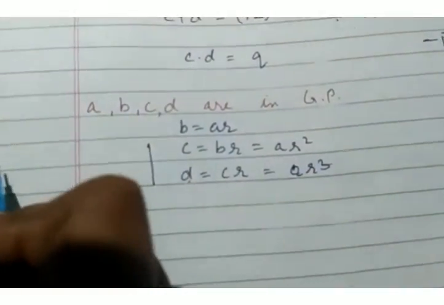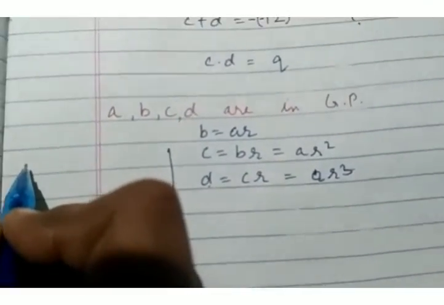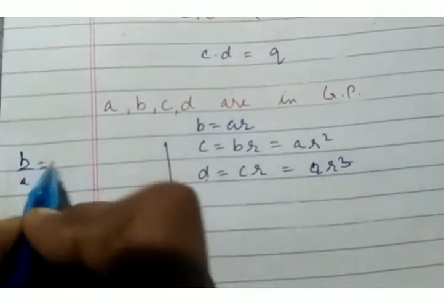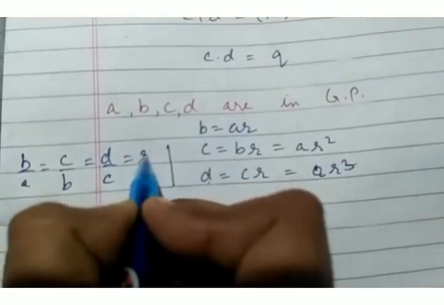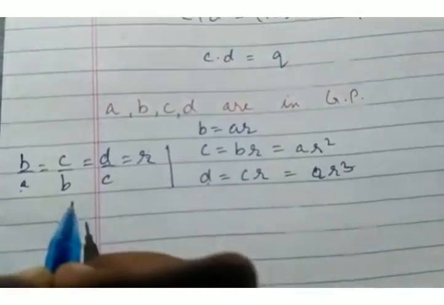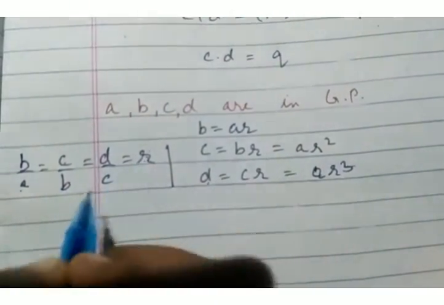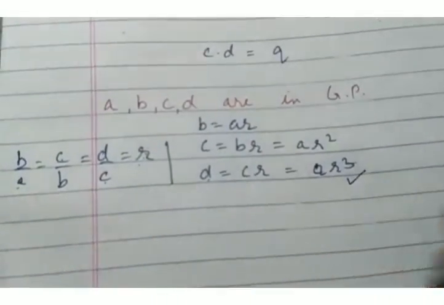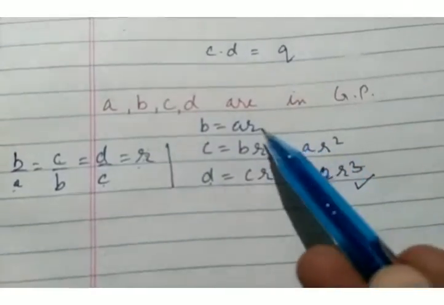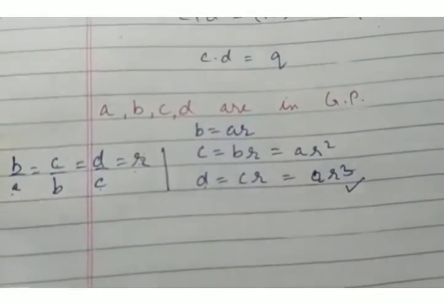You have to remember that if a, b, c, d are in GP, we have b by a equals to c by b equals to d by c equals to r. From here the value of b is ar, the value of c is b into r, and the value of d is c into r. And then by putting the respective values, we finally have these terms.